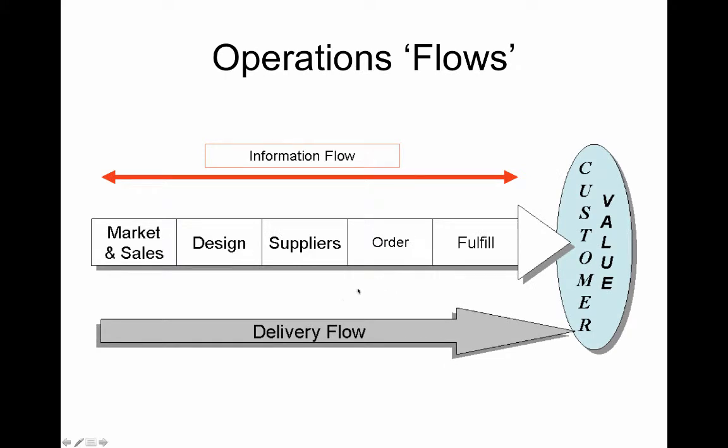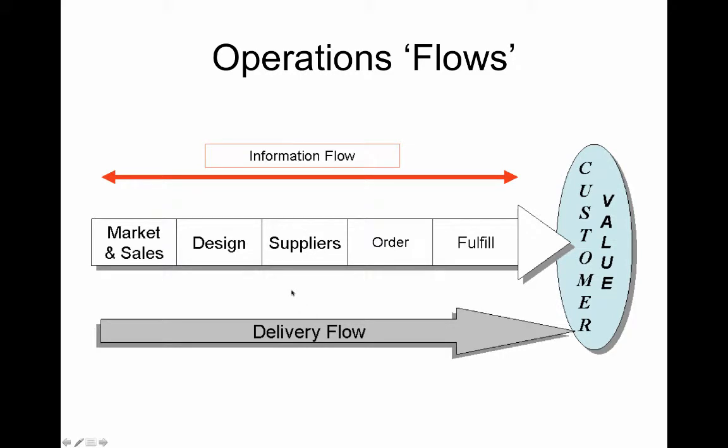So operations flows, when you look at it, there's a variety of different flows. If you think of the classic value chain, you've got a lot of the flows set up from the material flows, that are initiated with some sort of marketing or sales initiative, to the actual operational process where the value is added and the materials are put together or assembled or reprocessed, or the services are assembled, if you will, in a similar manner and then processed to satisfy the customer need.